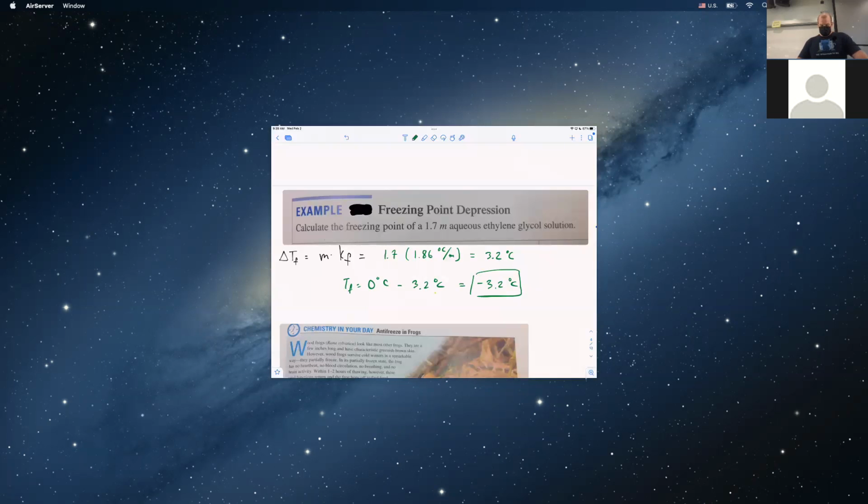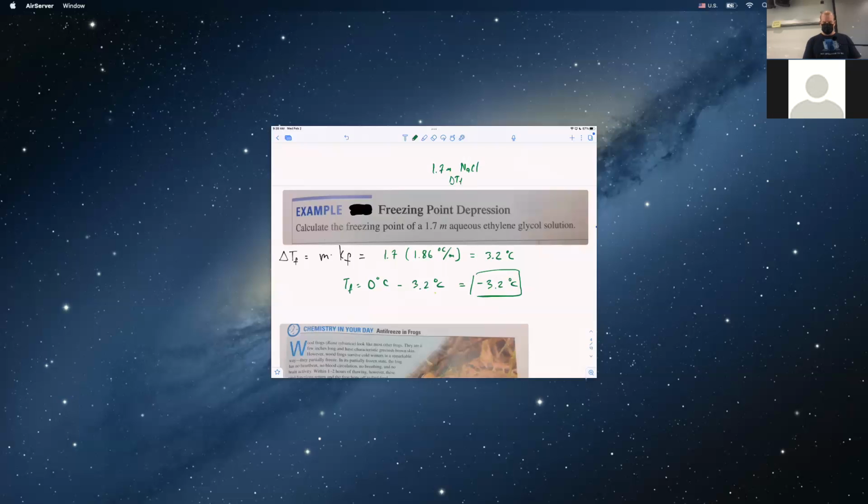And I mentioned these are colligative properties, and unfortunately, I keep on using examples that have only one particle. So let's say it was 1.7 molal sodium chloride.